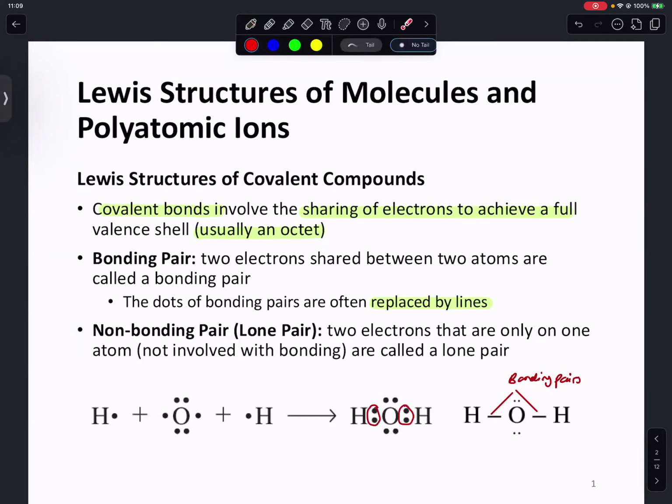And then we have non-bonding pairs, also known as lone pairs. These are two electrons that are only on one atom. In this case, the lone pairs are here over the oxygen, and they are represented by dots. So these are the lone pairs.